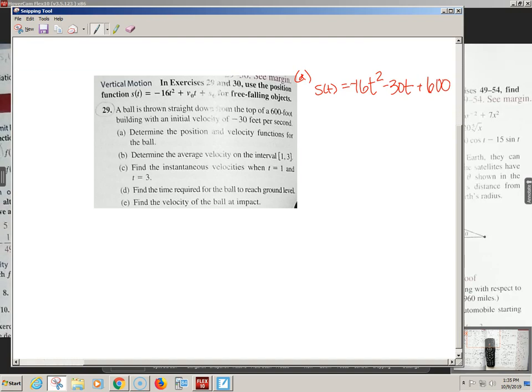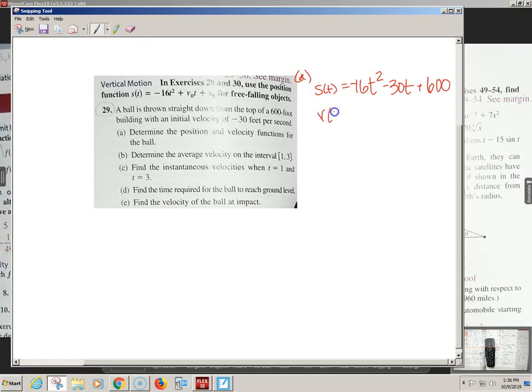Tomorrow I don't make you make the equation, I just give it to you outright. But tomorrow's is going to be dropped instead, so there's no initial velocity, which means it only has this piece and this piece. But it's still going to have big numbers. We don't have a calculator? Just wait. Just use your brain.